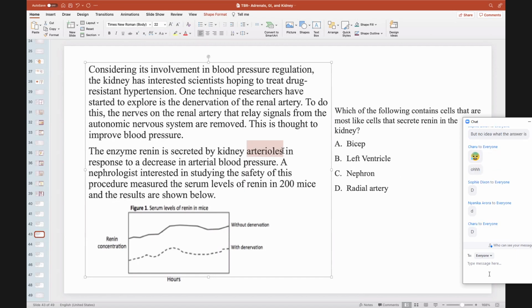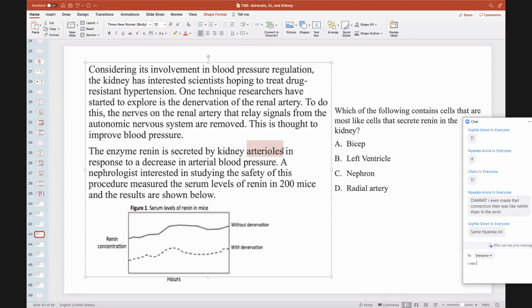Right? So if you look at A, bicep's a muscle. So is a muscle cell going to be similar to blood vessel cells? No. B, left ventricle. Oh, so that's cardiovascular, right? It's the heart. But the heart itself is a muscle. So again, no, arteriole is not going to be like the muscle. The nephron. Okay, that's okay.